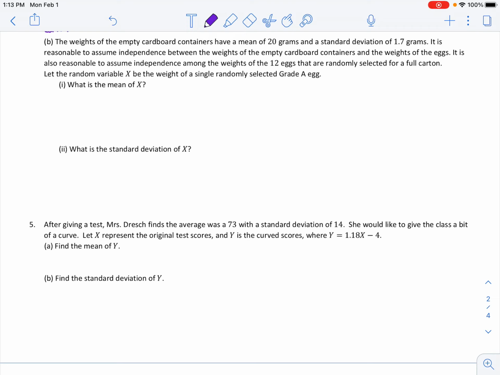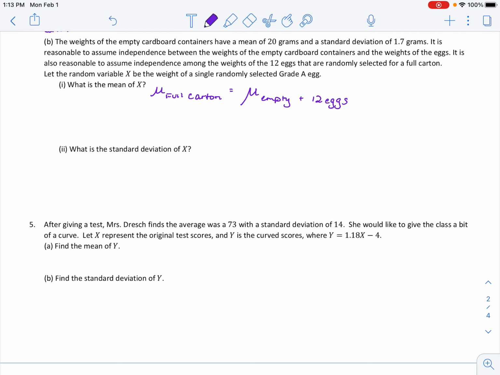So I'm going to talk about means first of all. I'm going to be thinking about my full carton that I was just working with in the previous problem. That is a combination of the empty container and 12 eggs. So this is just me saying, what do I mean by full carton?